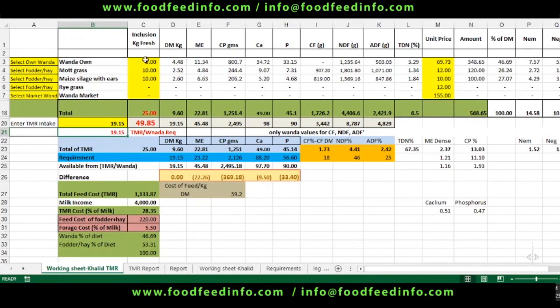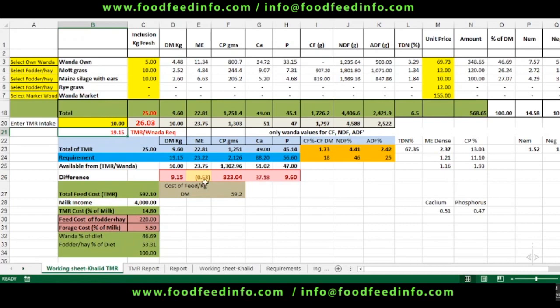So these values are on a fresh matter basis. This 25 kg is the fresh matter amount. So don't bother about this high quantity. You are simply feeding only like this 10 kg. Now look at these values.